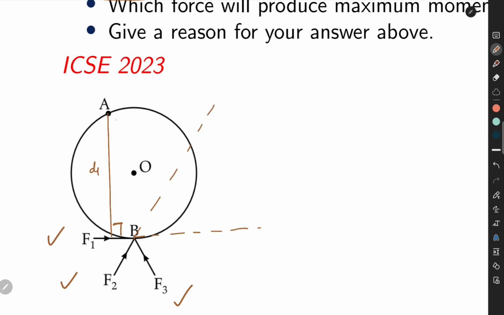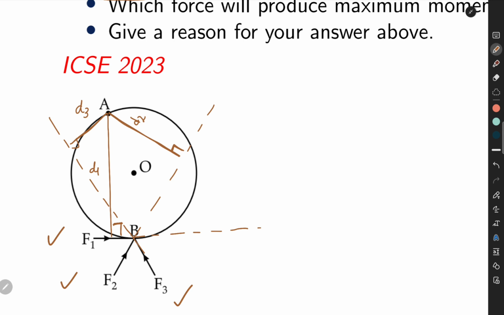The minimum distance from point A is something like this, the perpendicular distance. It is d2. The line of action for force 3 is something like this. The minimum distance will be this, d3.